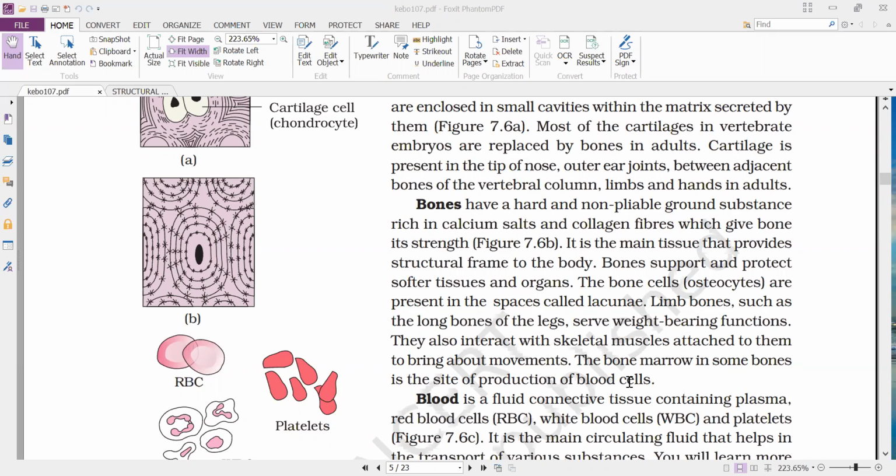The tissue present in the bone marrow is hemopoietic tissue, which is involved in the formation of blood and blood cells. That is about the bone.